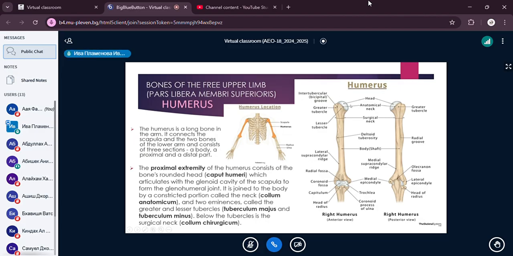Again, for the proximal end, we have head, caput humeri. Next to it is the anatomical neck, the line which surrounds it.